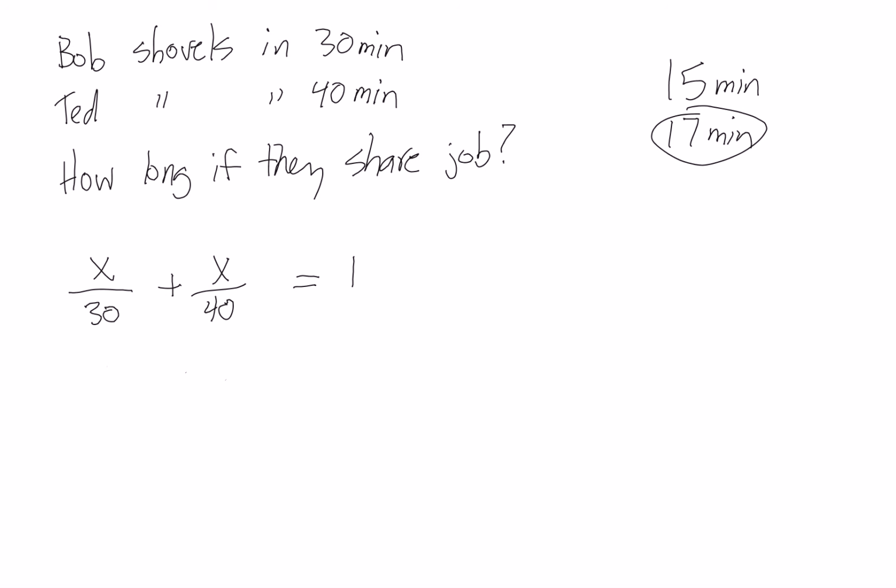Now when we go to solve it, the rest is pretty straightforward. In this case, our common denominator would be 120. So write it as 120 for all of them. We multiply the first fraction by 4, so we have 4x.